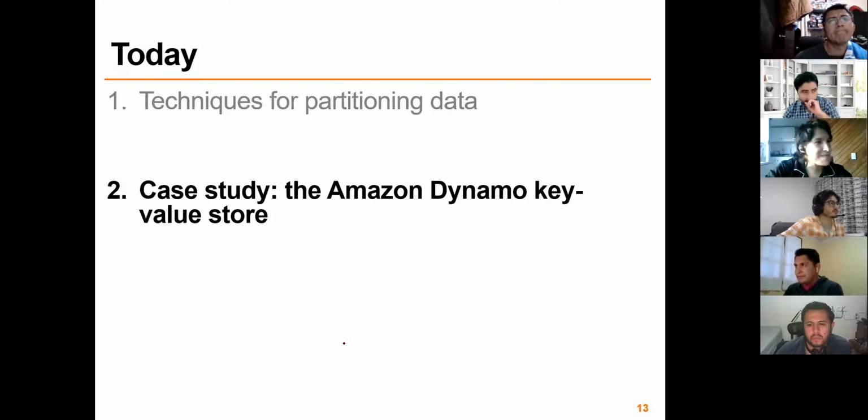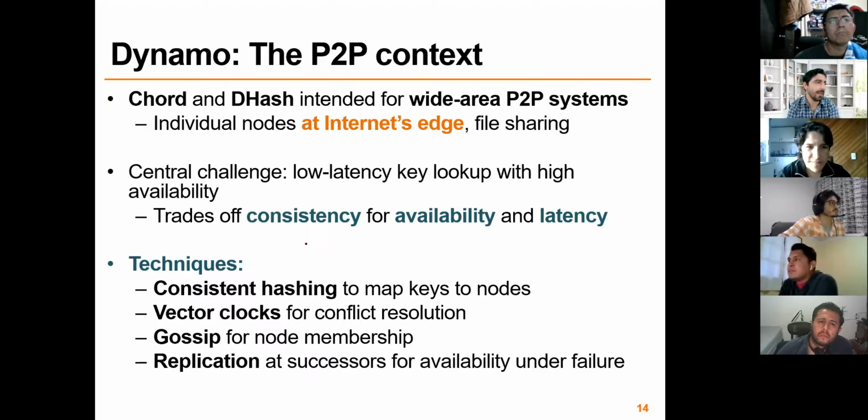So let's talk about the Amazon Dynamo, because before I pass it to this, I want to say a little bit of background, because when I see the slide, it's not there. So we already talked about distributed hash tables, and we discussed those in the context of peer-to-peer systems, wide area peer-to-peer systems, or basically individual nodes on the internet, which we use for so many things that we discussed: file sharing, cryptocurrencies, right?